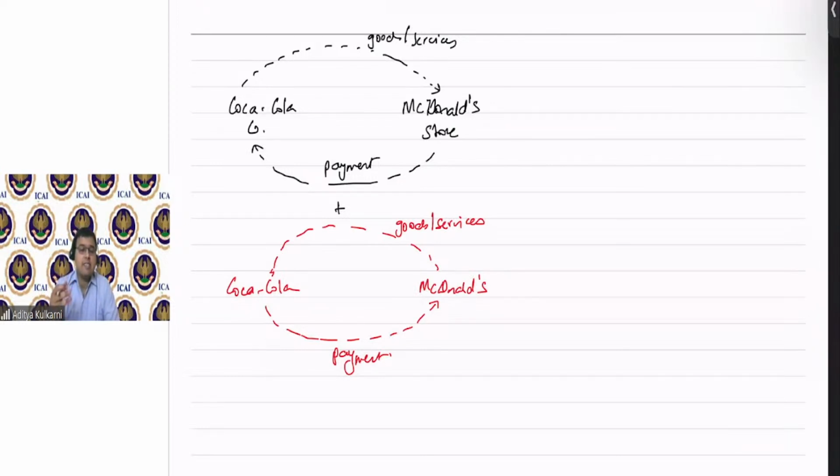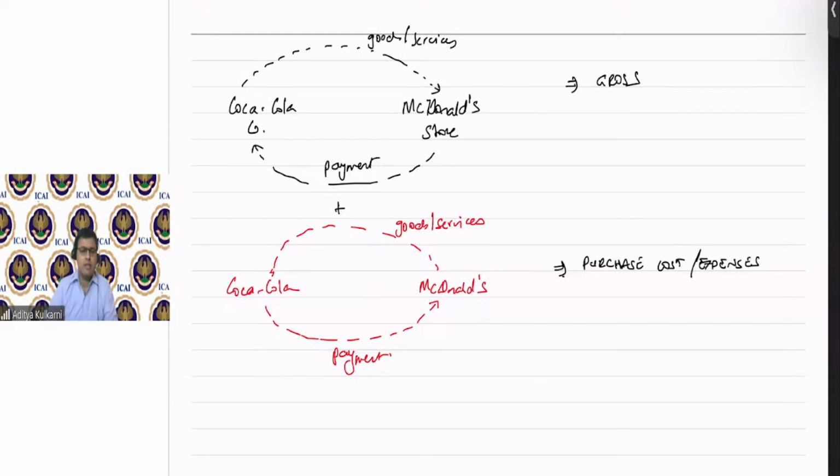And if they are distinct in the context of the contract, the standard says that you recognize this revenue on a gross basis, and you recognize the purchase cost separately. That means Coke will book the revenue on a gross basis, and Coke will also recognize a purchase cost or a service cost. Basically, the expenses will be booked separately.